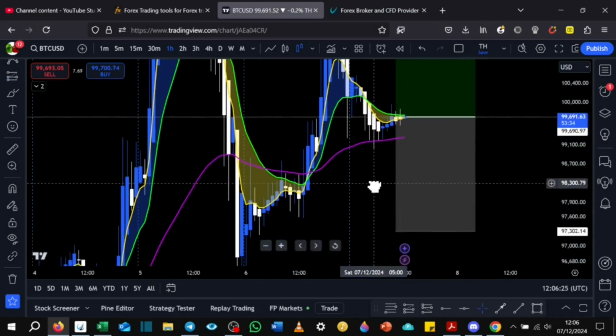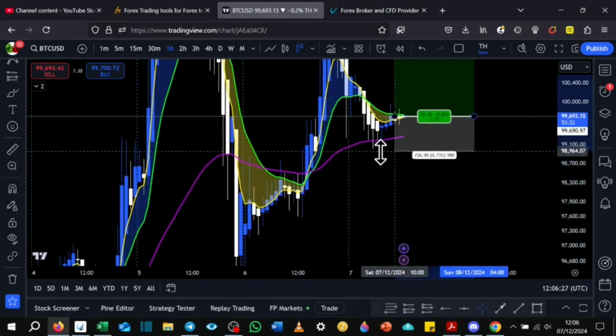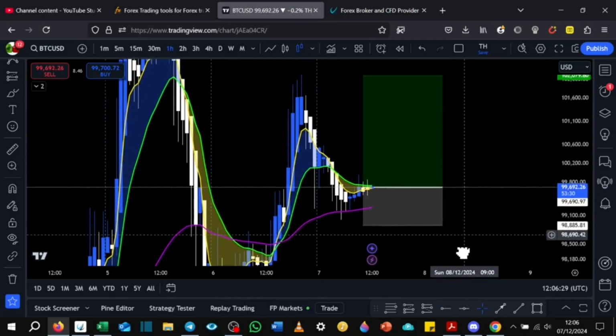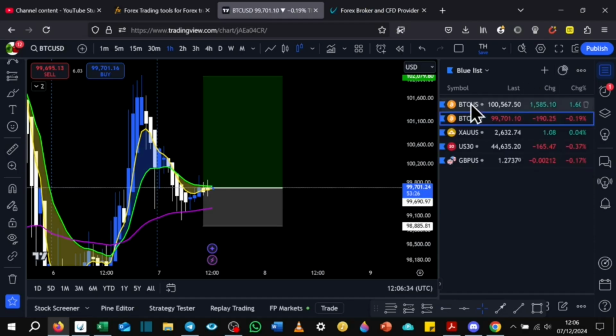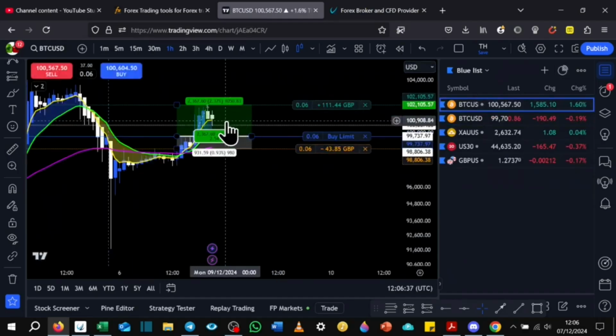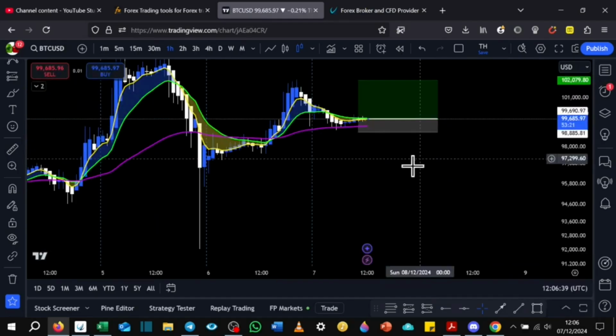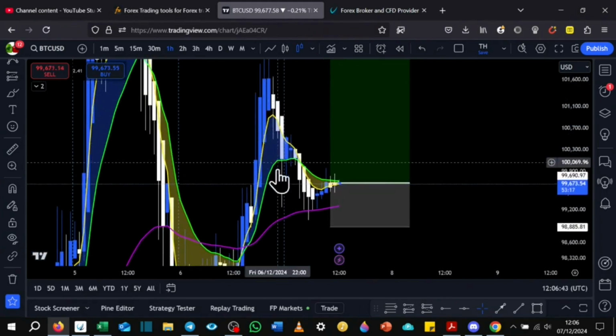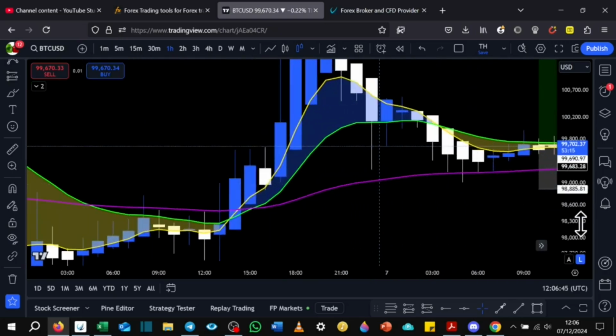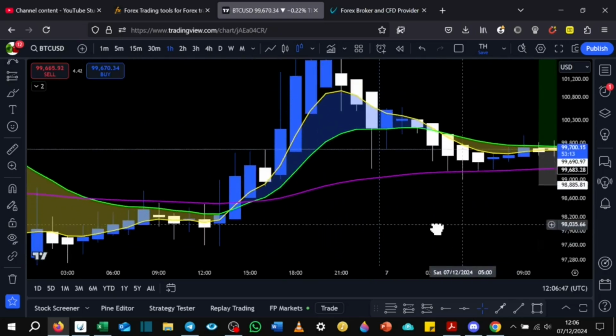So the stop loss was like this, and then the take profit was like this. So from here, the market stops there, but currently what's happened is, see how this has wicked in. I didn't even look at this beforehand.